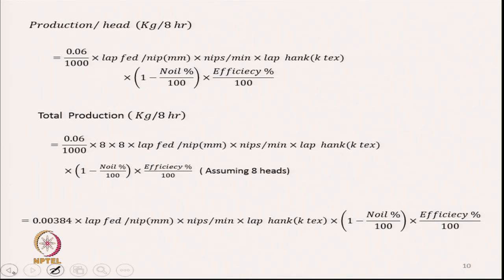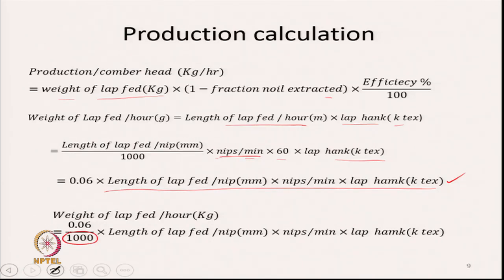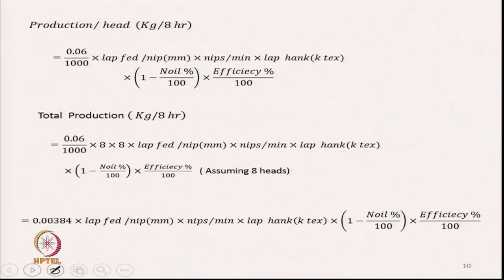So, that is the weight of lap up to 1 hour. We could calculate this part only, and this part is what is shown in the last line. The other two parts we also have to know. If I want to find out for 8 hours, I have to multiply it by a figure 8, which must come here.